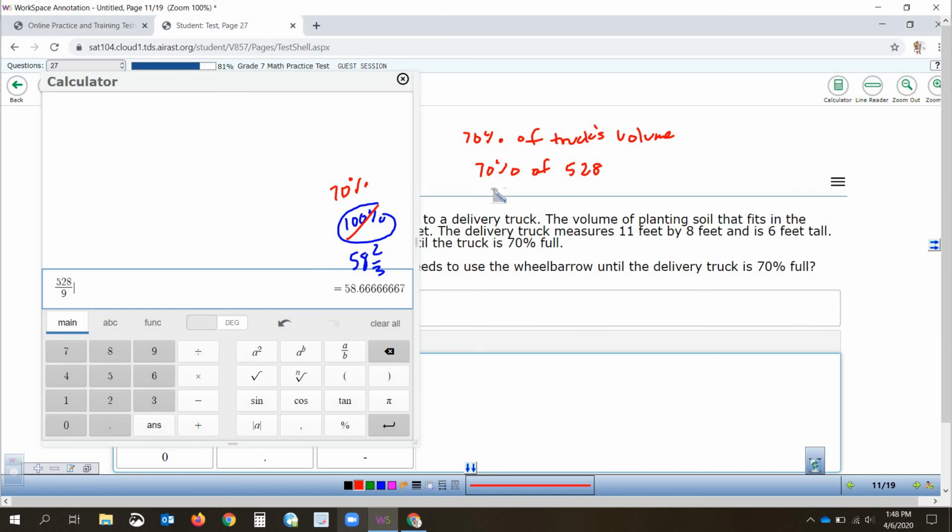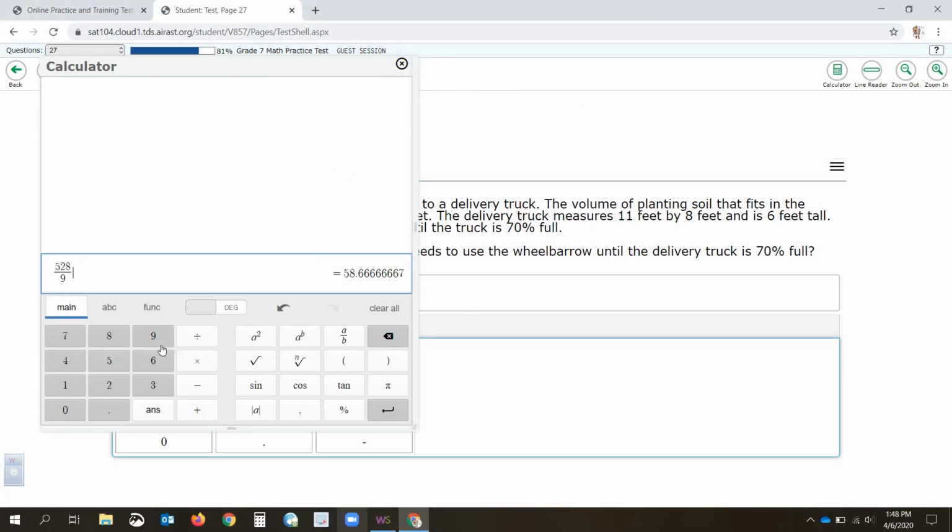So remember, we're going to change that 70% to 0.70. So 70% of 528 is going to be 0.70 times 528.